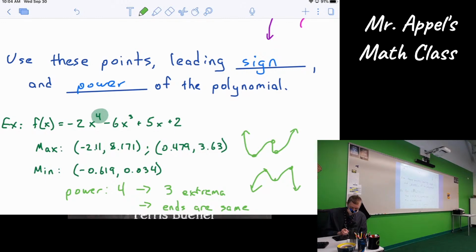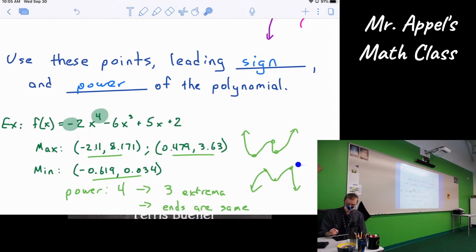But in this case, I already have them listed here. We know there are 3 of them. There they are. I know the ends are supposed to be the same. This is where the sign is going to come in. In front of that leading term is a negative sign. So the negative sign most directly tells us when x gets very, very large, the whole function will be negative.